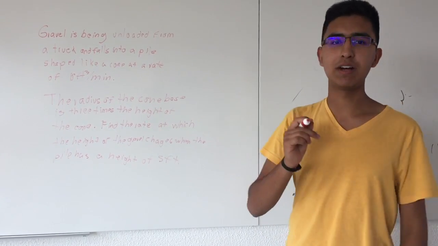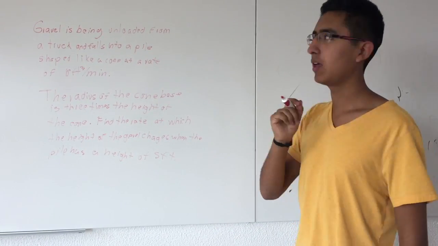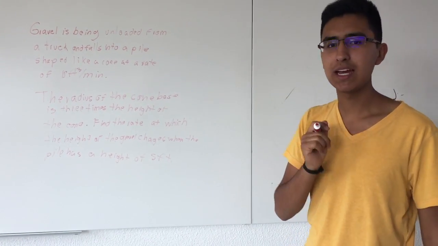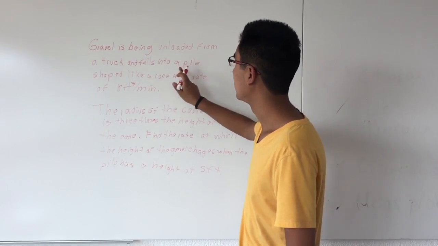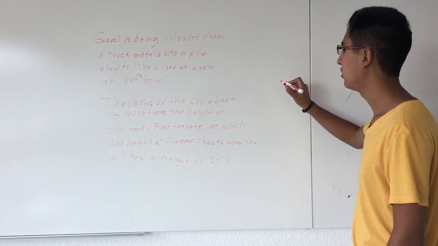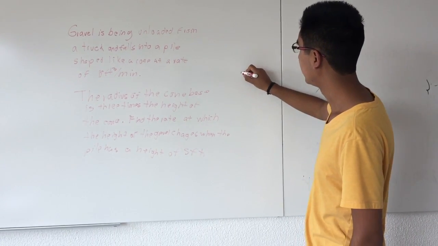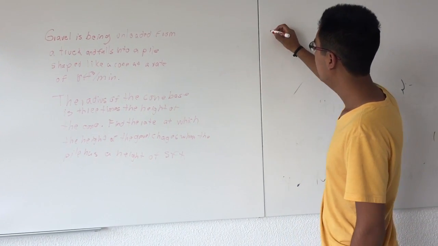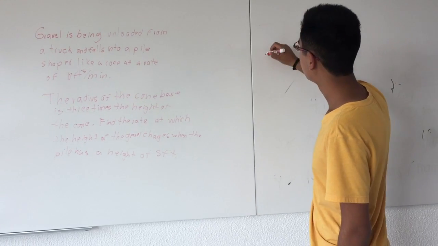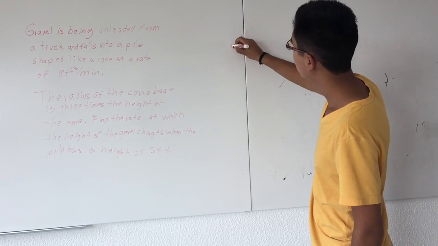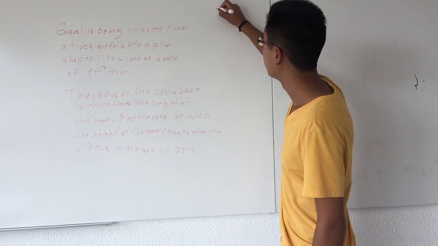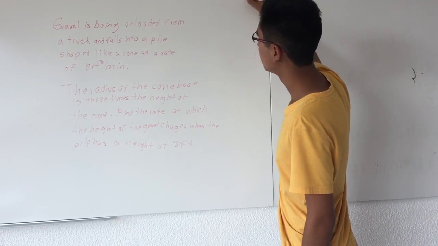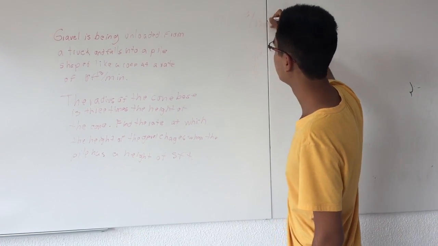We must first identify those critical points that will help us to solve our problem, the main data. It says that it is falling into a pile shaped like a cone. So we remember how a cone is. It's something like this, a cone. We can even draw here a truck that is throwing the gravel to a cone at a rate of 10 feet³/minute.